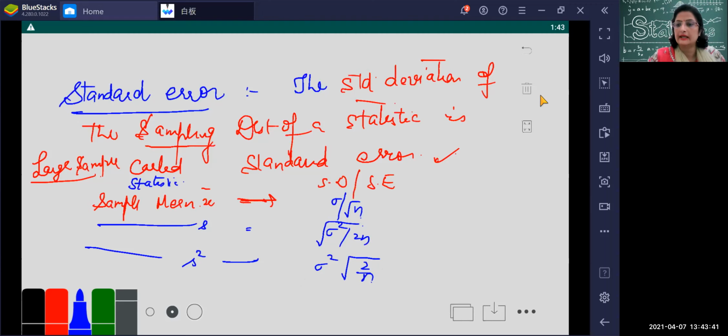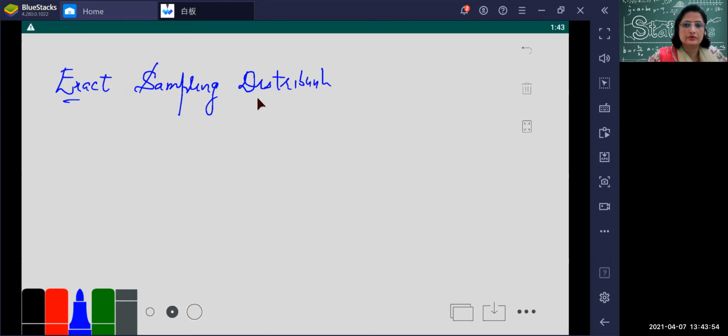So now we will come to the exact sampling distributions. उसमें सबसे पहले we will do the chi-square distribution.